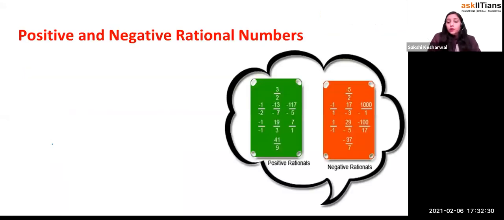Okay, so what are the positives? There are two types of numbers: the positive rational numbers and the negative rational numbers. In the figure, it's very much clear.